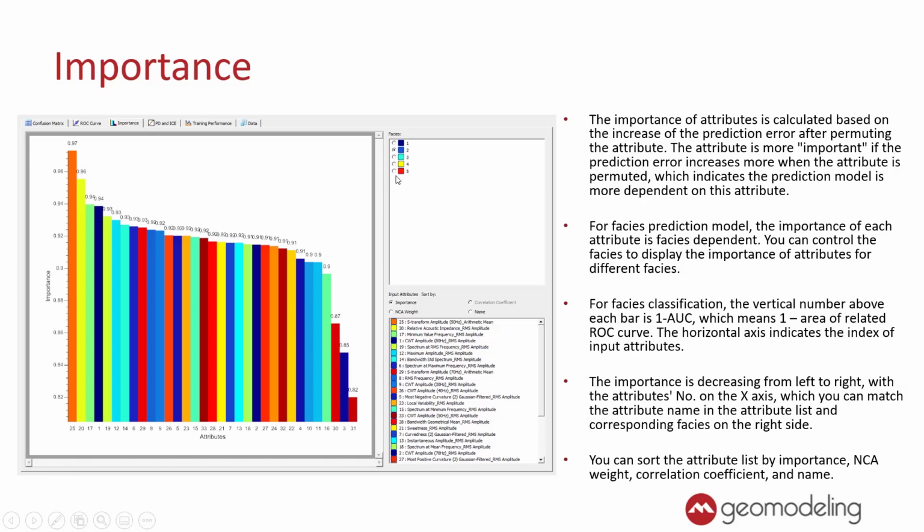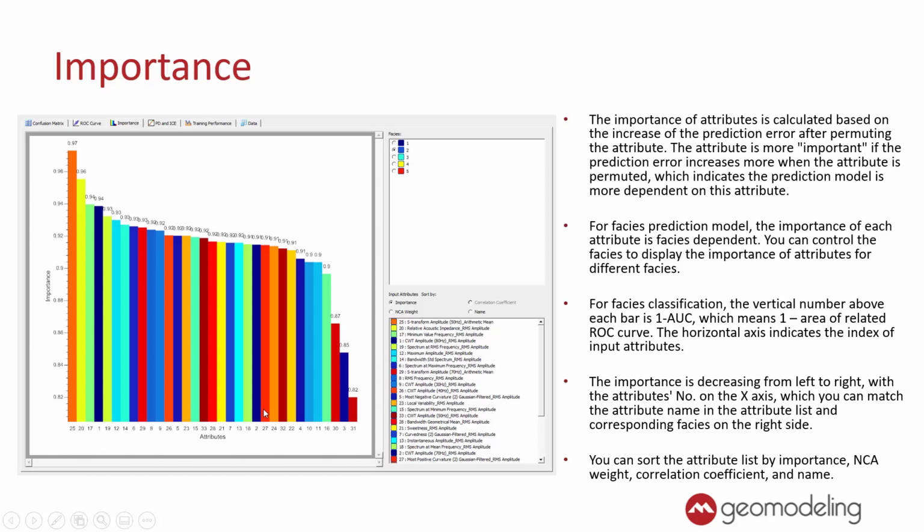For facies classification, the vertical number above each bar is 1 minus AUC, which means 1 minus the area of the related ROC curve. The horizontal axis indicates the index of input attributes.